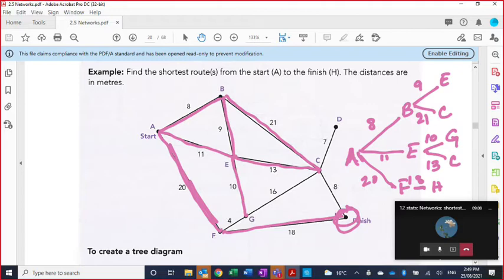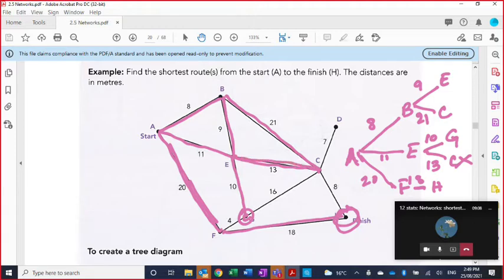From this path for G, I need to continue, but there's no point in continuing that one because you see it's just going to wind you around and take more time and more distance to go. So if at any point you see that some point like this E to C is not going to be the shortest path, just ignore it, okay?